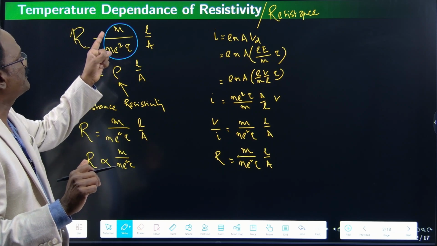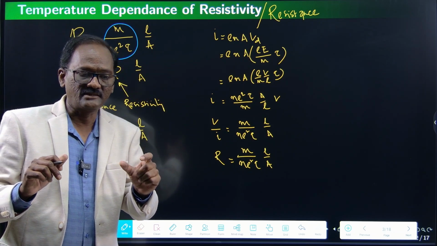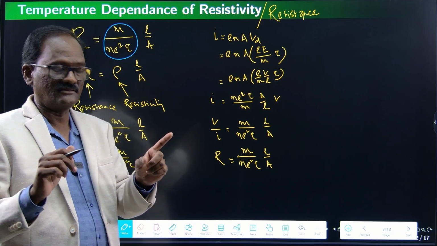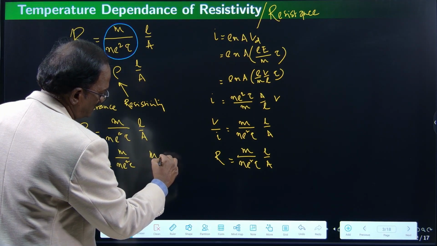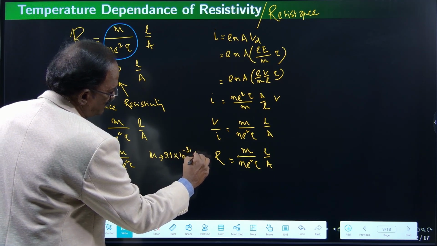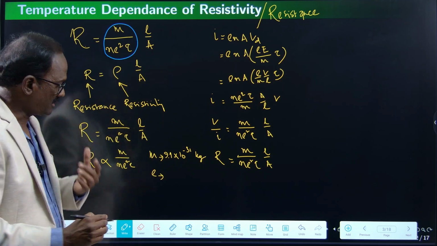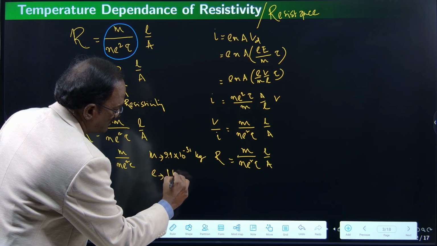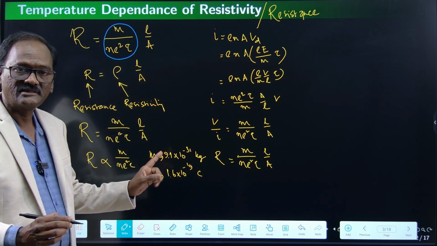Our topic is temperature dependence of resistivity, which varies from material to material. e is always constant. We know the value of m is 9.1 into 10 to the power of minus 31 kg, and e, the charge of the electron, is 1.6 into 10 to the power of minus 19 coulomb. These numbers are fixed.